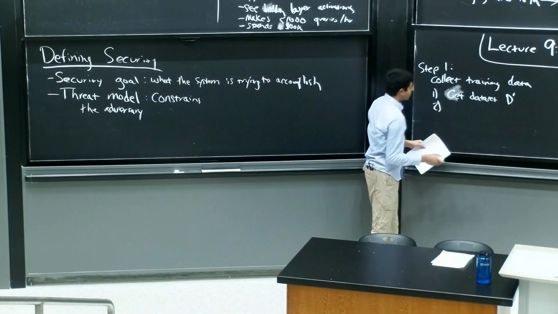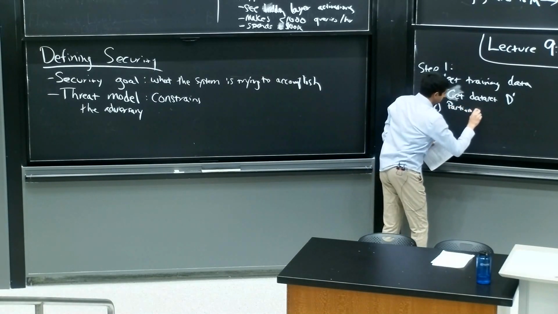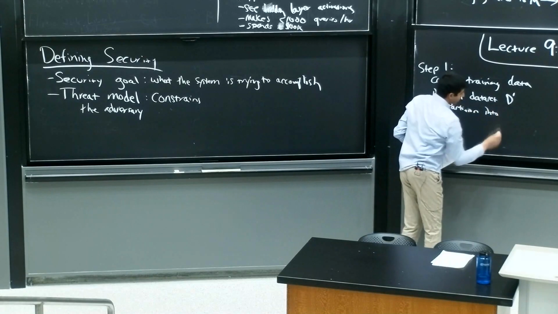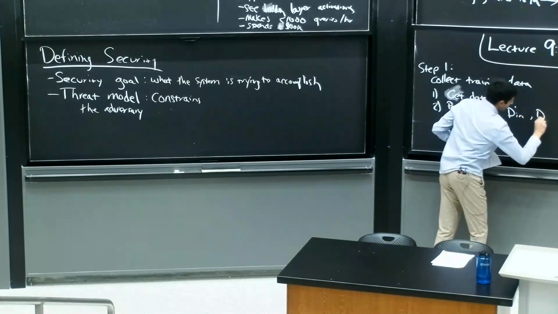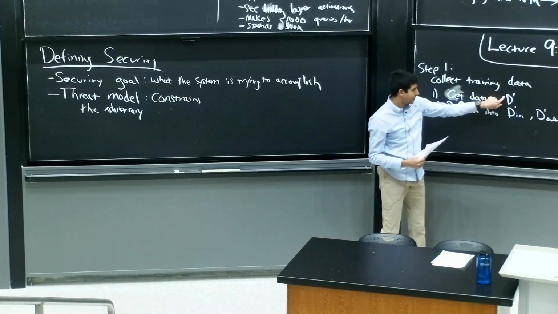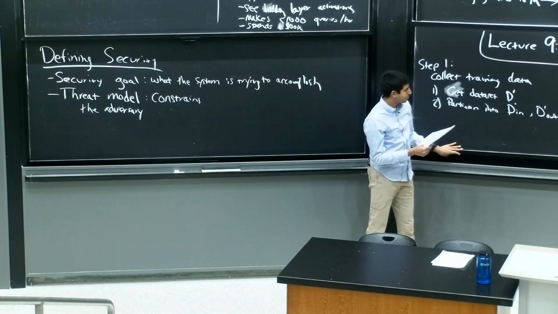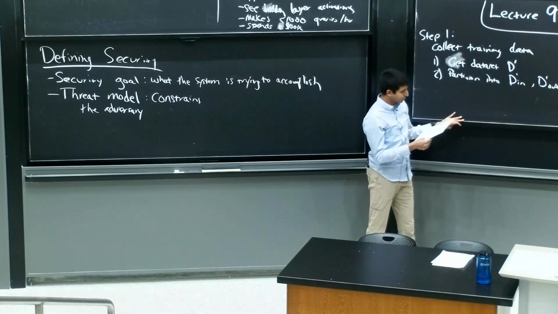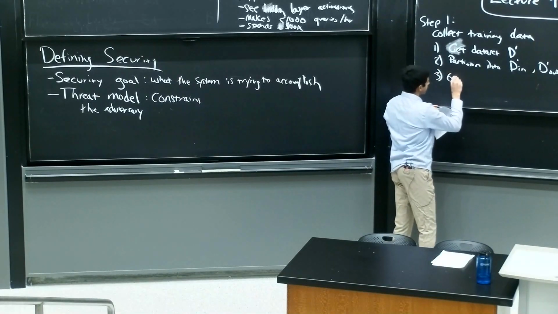The next thing is to partition this into two data sets, D prime in and D prime out. By partition, each data point either goes into this bucket or this bucket. Now we have two data sets, and then we can guess a model architecture.